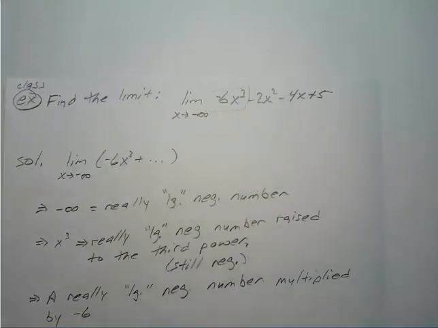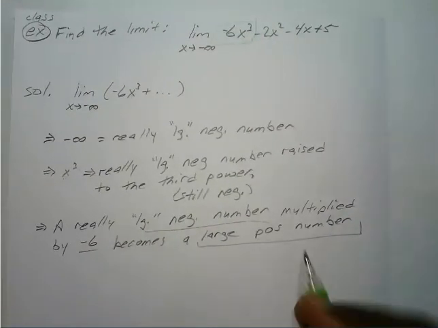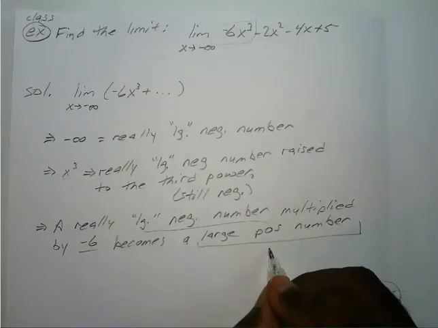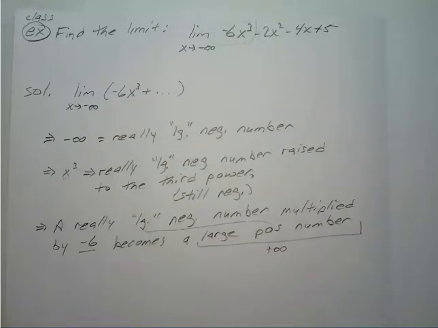So you have a really large negative number multiplied by a negative number. That becomes a large positive number. Okay, so that large positive number is just going to keep getting bigger and bigger and bigger. So that becomes basically positive infinity.